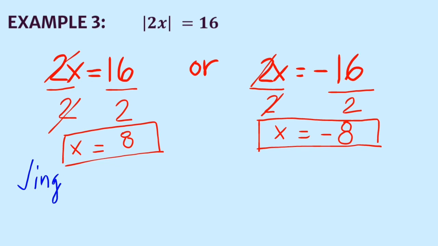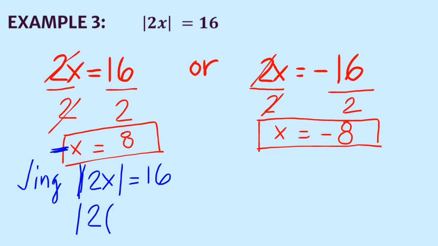In doing the checking, let's copy the original equation, which is the absolute value of 2x equals 16. First, let's substitute x is equal to 8. So, the absolute value of 2 times 8, and do not forget to write the question mark.